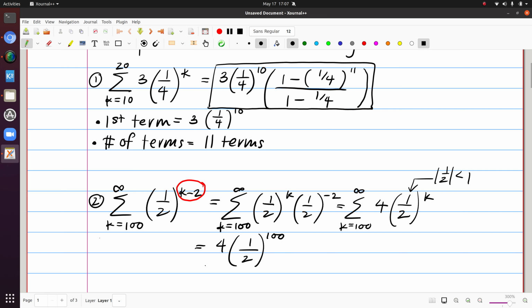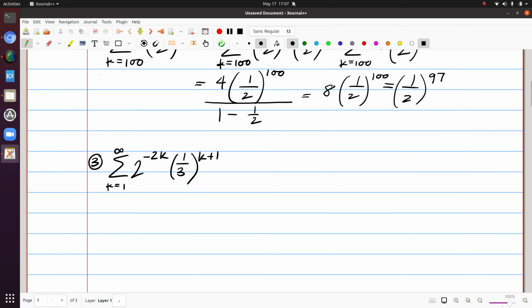And then we're dividing by 1 minus r, which is 1/2. So that bottom part, you're really multiplying by 2. So this is 8 times 1/2 to the 100. We could at least write this as 1/2 to the 97th because of the 2 cubed we have in the top. So this sum converges, and it converges to 1/2 to the 97th.